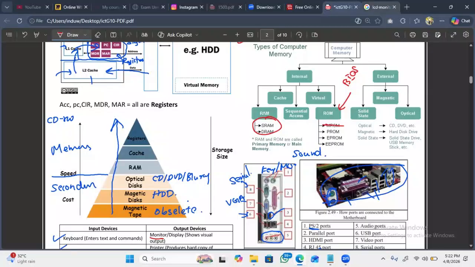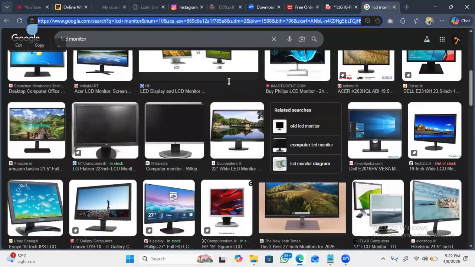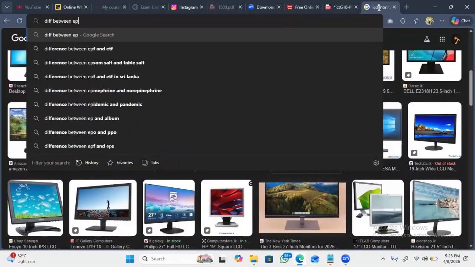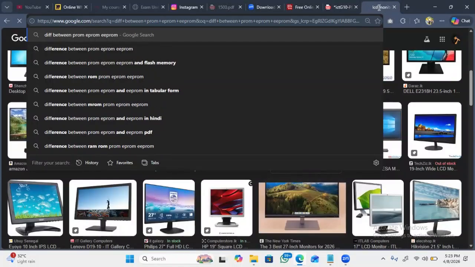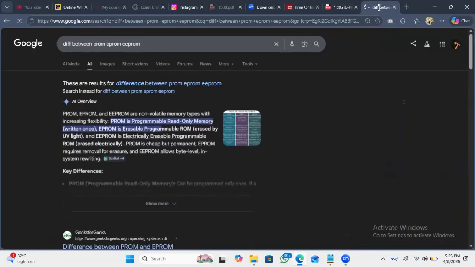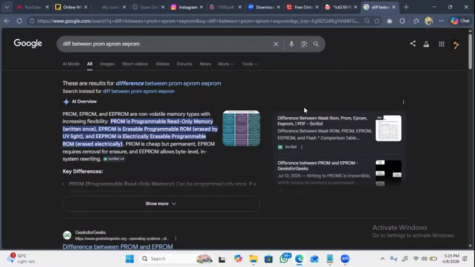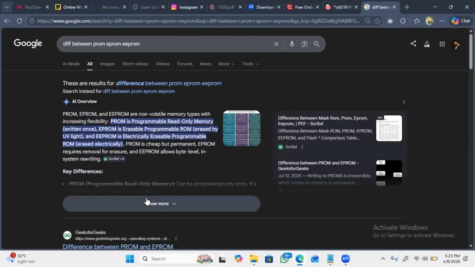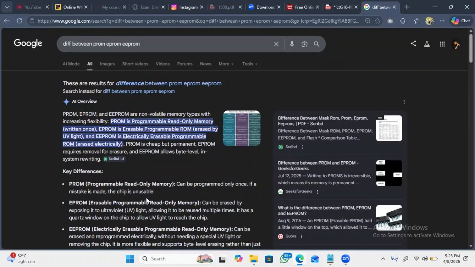There is a small difference between EPROM and EEPROM to keep in mind. They are non-volatile memory, which means the data is solid, it's not erasing.